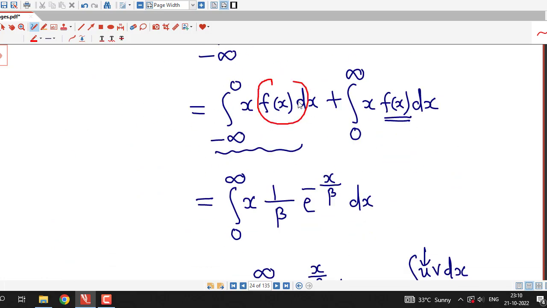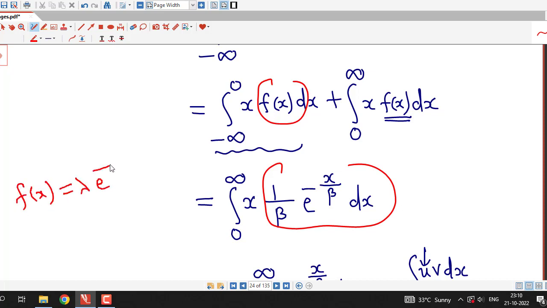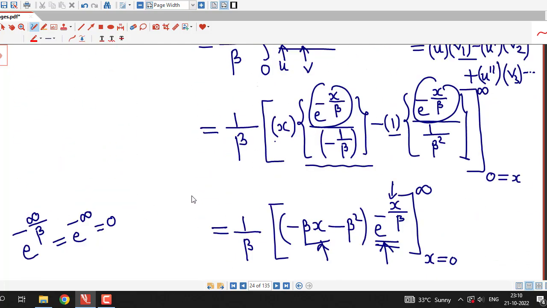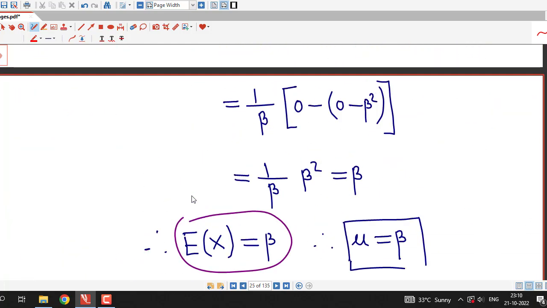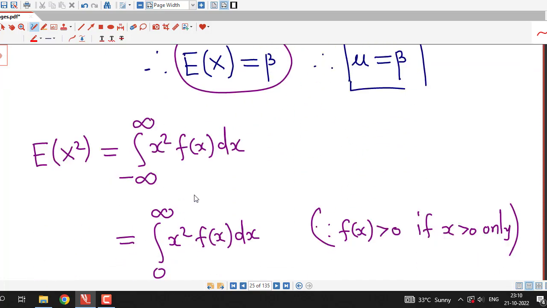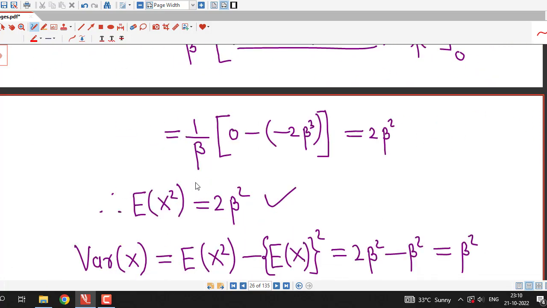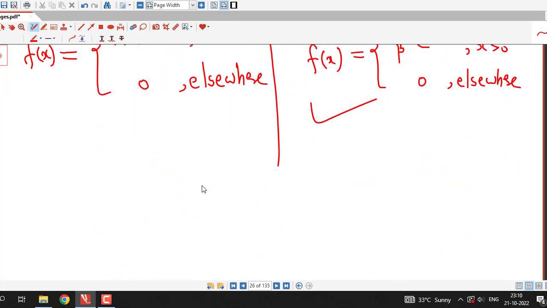Here I have taken fx equal to 1 over beta e raised to minus x over beta, and if I had used that formula fx equal to lambda into e raised to minus lambda x in this formula, then I would have obtained mu equal to 1 over lambda, and we know that 1 over lambda is nothing but beta. So we have obtained beta here because we are using beta instead of lambda in the PDF of exponential random variable. So this is all about this session.